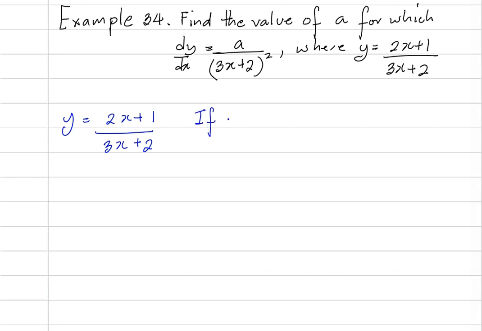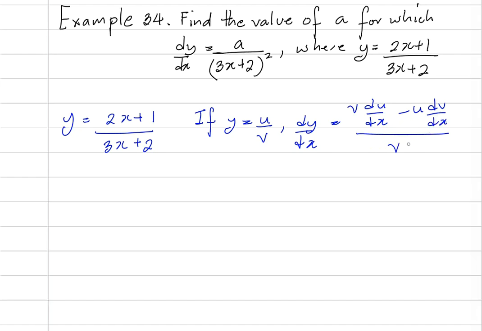So if y is equal to u over v, dy by dx is equal to v du by dx minus u dv by dx, all over v squared.